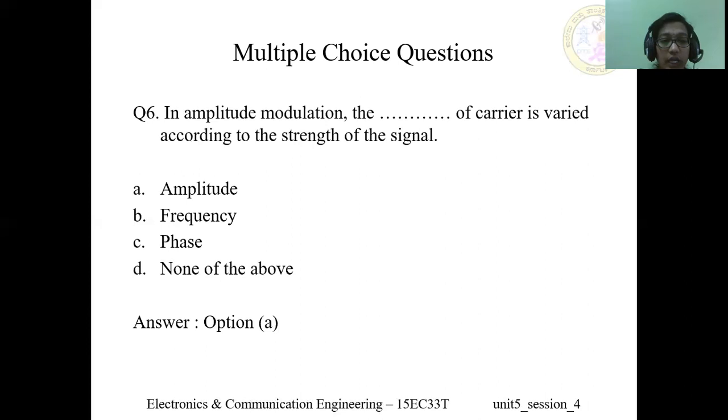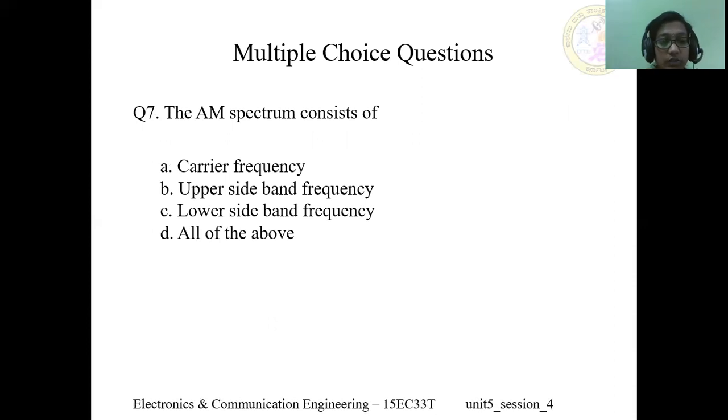Answer is A, the amplitude of the carrier. Question number 7. The AM spectrum consists of option A, carrier frequency, B, upper sideband frequency, C, lower sideband frequency, D, all of the above. Answer is D, all of the above.